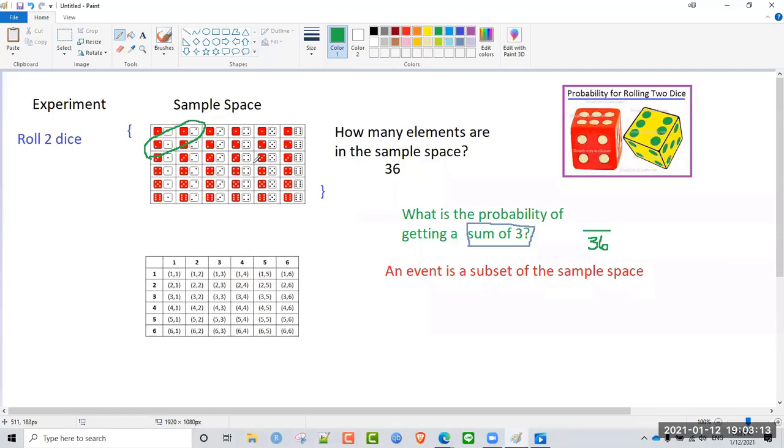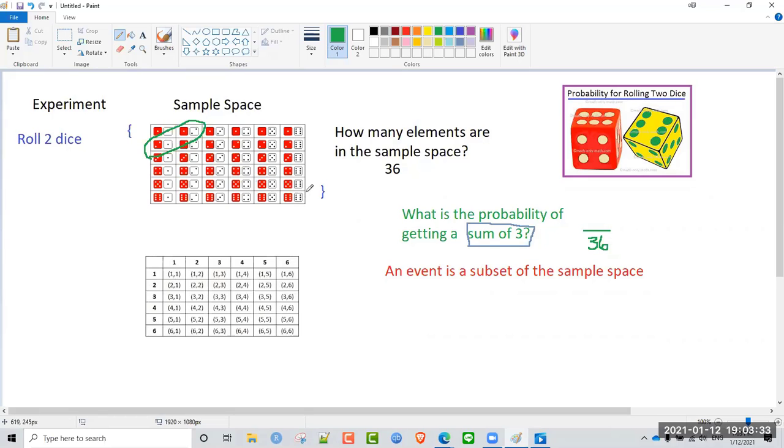If they're not equally likely, we can't do this. We can't get this answer. But we're assuming that all of these are equally likely. We'll talk a little bit more about that later. But I think it's not impossible to argue or to accept that these are equally likely.